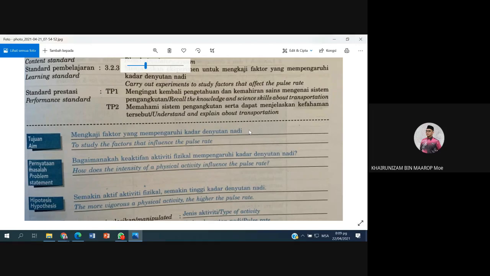And next is vigorous activity. Vigorous activity is what we need to study in this experiment. So the problem statement in this experiment is we need to know whether the intensity of physical activity influences the pulse rate or not.